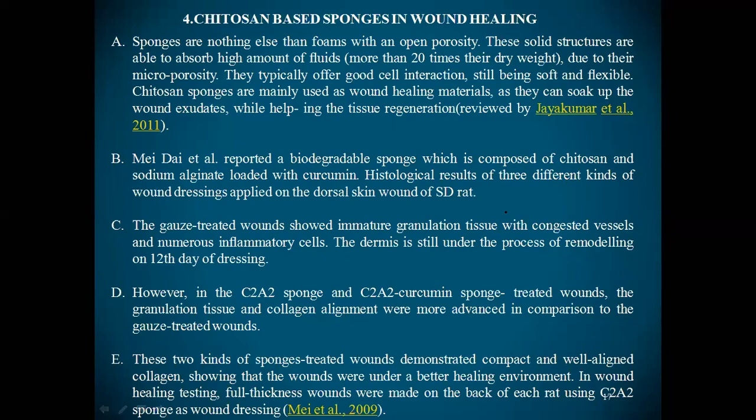They were separated into three groups. One is the cotton gauze, the second is the chitosan and alginate based sponge, and the third is chitosan, alginate and curcumin based sponges. Among these prepared sponges, the chitosan, alginate, curcumin loaded sponge provides more wound healing compared to the chitosan alginate sponge as well as the cotton.